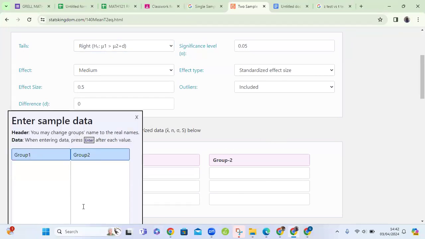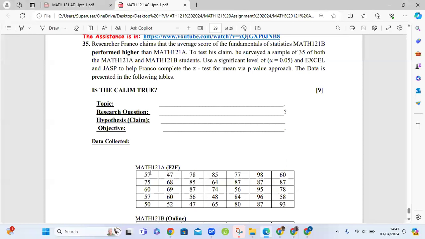So group 1 is the scores of Math 121A, and the second group is the scores of Math 121B. So let us copy the data. It is possible to copy the data directly and paste it.